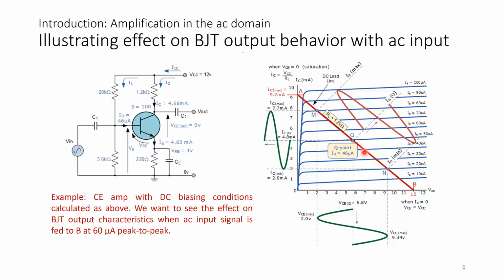And when it goes down to the negative peak of 20 microamps, the IC value also goes down to 2 milliamps, and we can see that VCE also oscillates from the Q point at 5.8 volts down to 2 volts and up to 9.34 volts. This is how it looks on the output characteristics, the point of operation going along the load line.